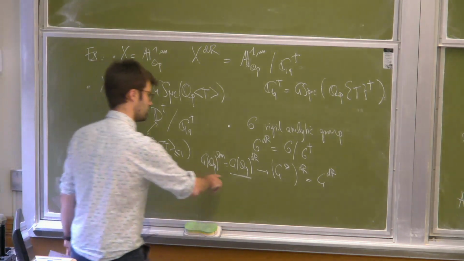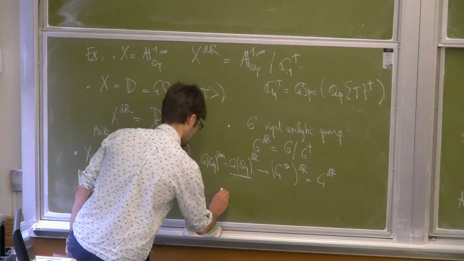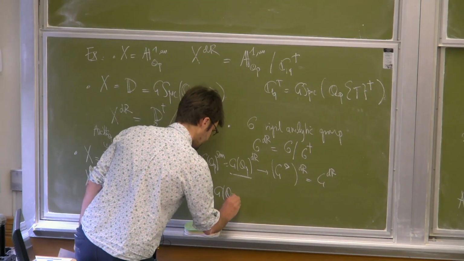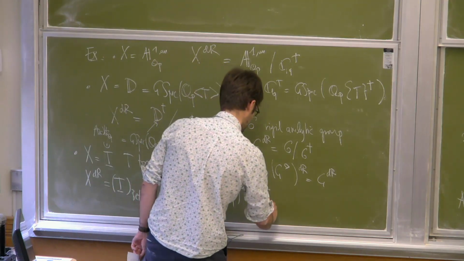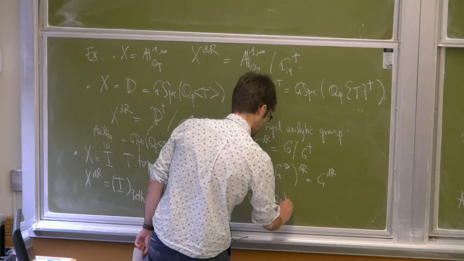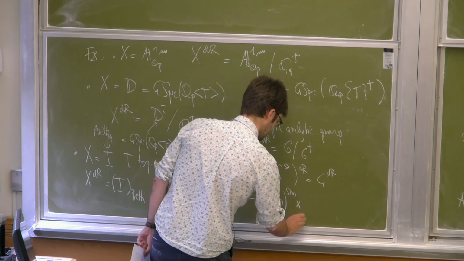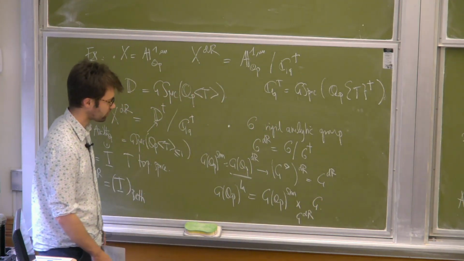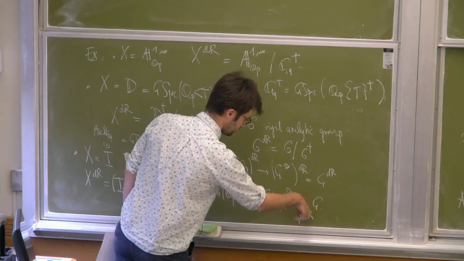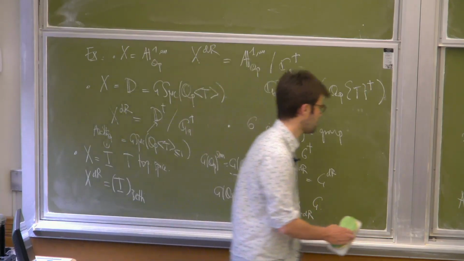So I get a map like this, which is an immersion, and so now you can define the locally analytic incarnation of G(QP) as a fiber product of G(QP) smooth with G. So I'm using this map here, and there's a natural map from G to G de Rham.